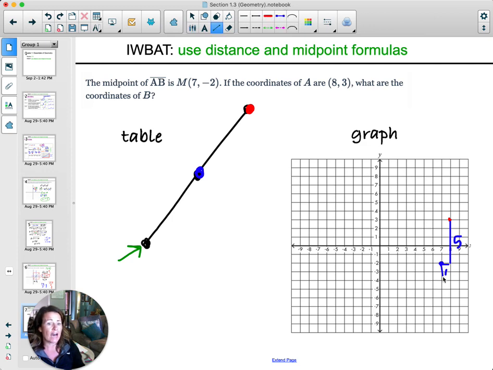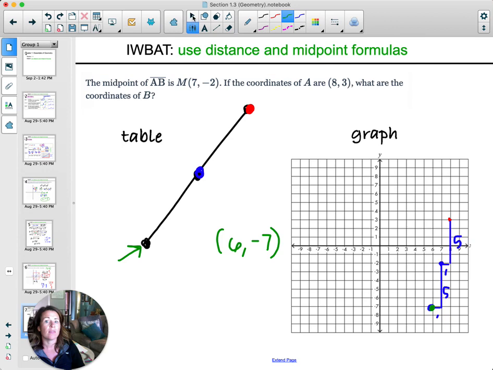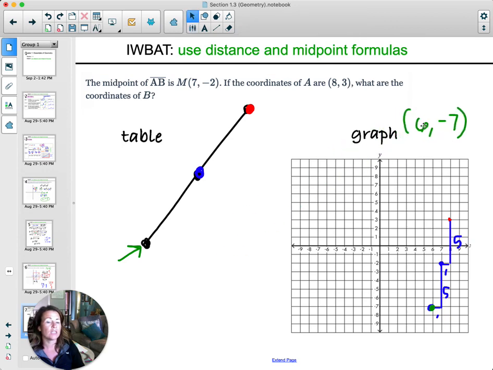So go 5, 1, 2, 3, 4, 5 over 1, and that's your other endpoint. Then you just have to figure out what the ordered pair is for that. So count over to here is 6, down to -7. So 6 down to -7. That's how you can find that answer from the graph.